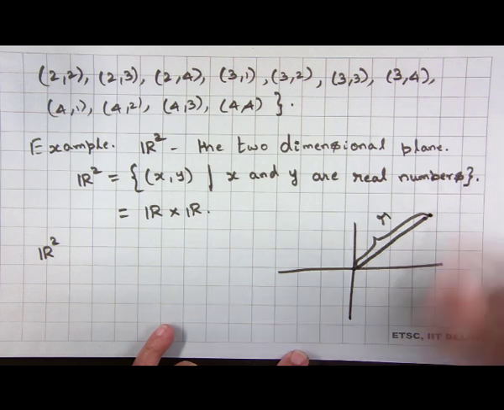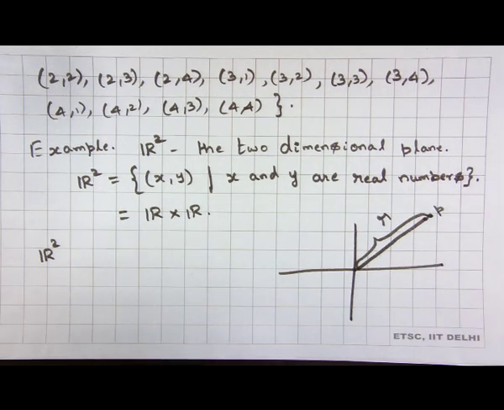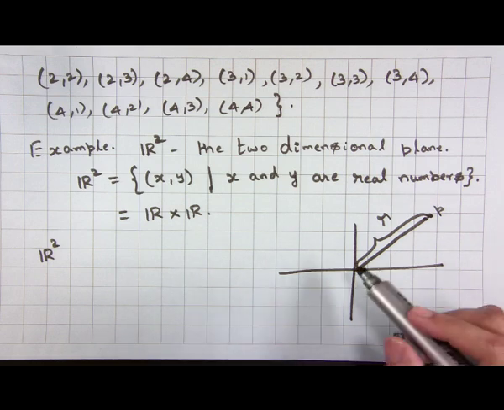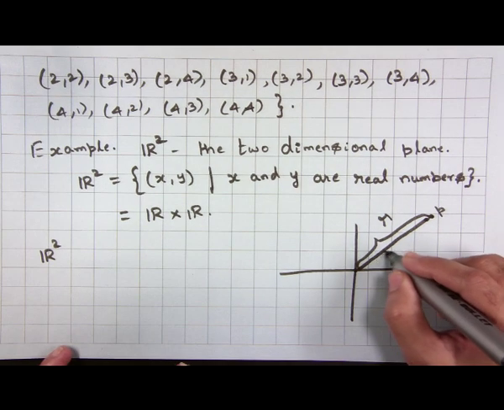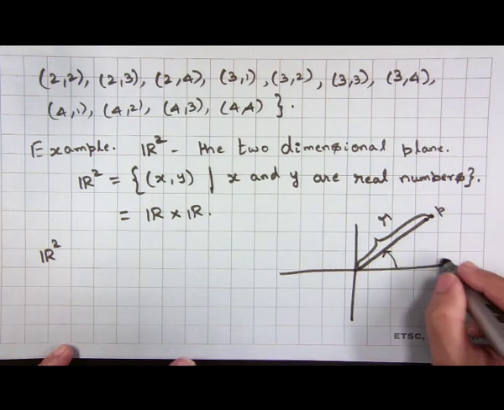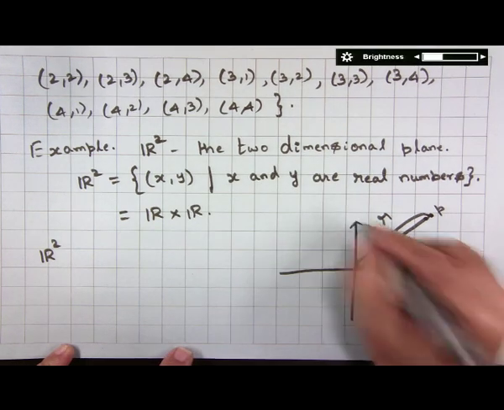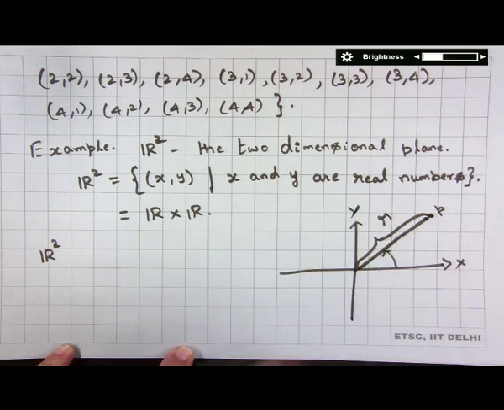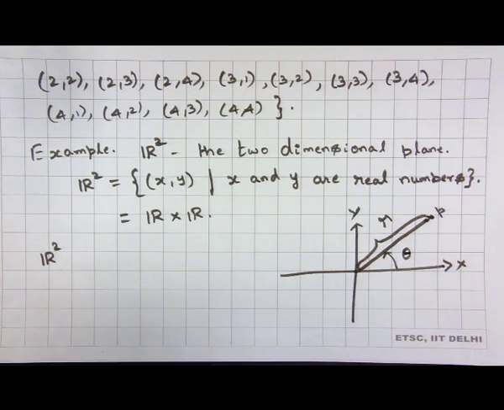This is my point P, and I am given this distance r and the angle that it makes with the x axis. These are the two things that I am given, let me call it theta.